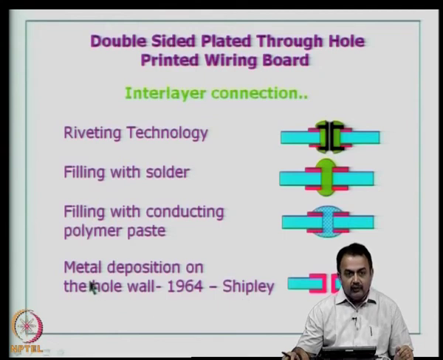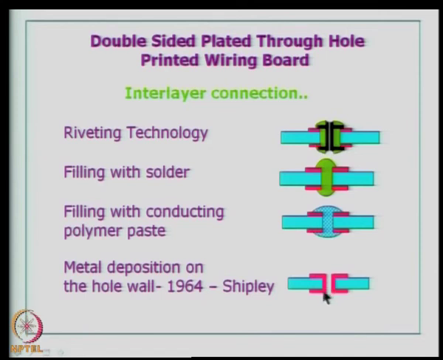But the more reliable one is metal deposition on the hole wall by electroplating methods, electroless and electroplating methods. This was brought into focus by Shipley in 1964, and we are still working on these technologies of electroless and electroplating combined to get a very reliable hole. So, we will discuss more on these aspects in the next hour.